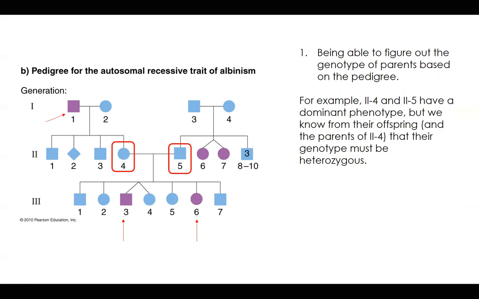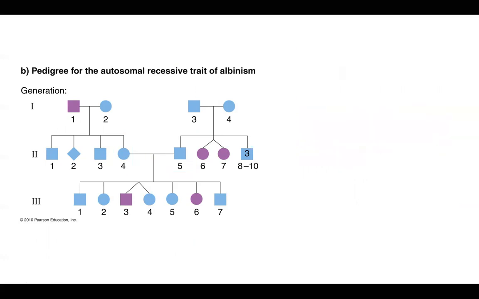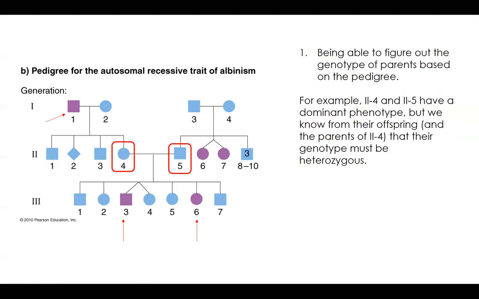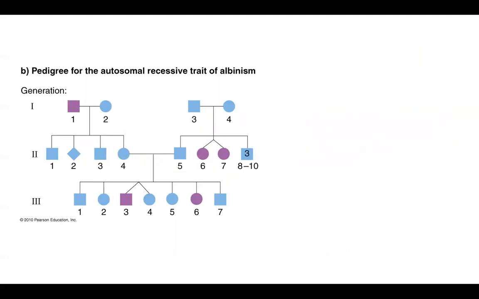And we're going to also learn how to do probabilities for those if we don't have enough information to go from. Okay, so let's also talk about whether they'll pass it on.